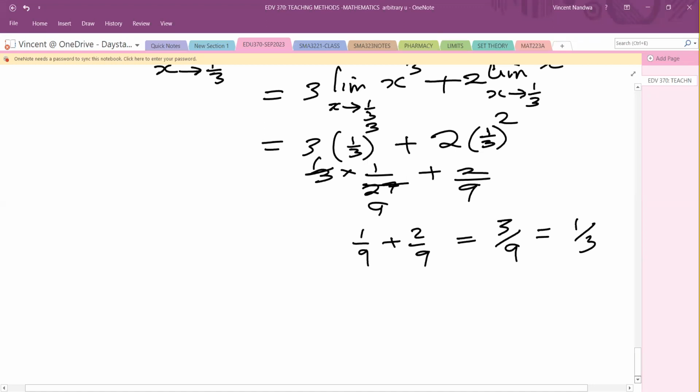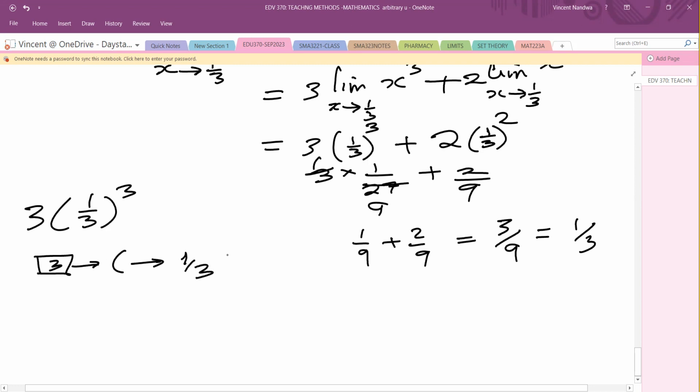So if you want to use a calculator, for example, to evaluate this part, the first thing you key in is 3, and then open bracket, then you key in 1/3. And then you close the bracket.